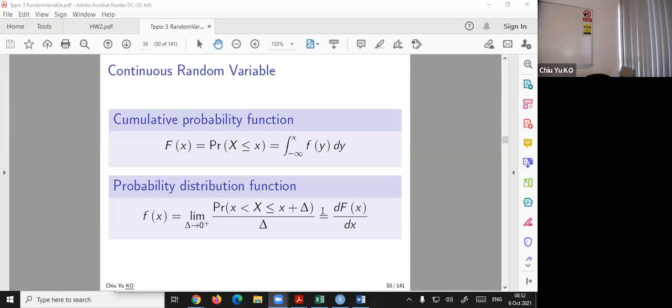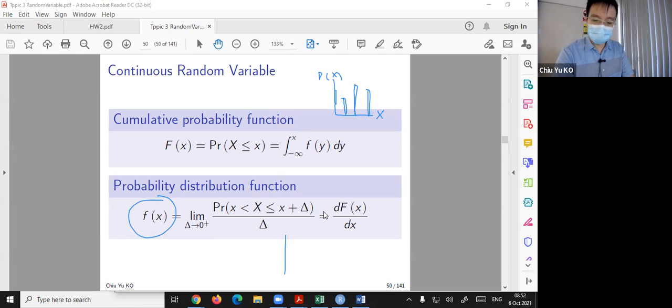So remember the bar chart is the following. We call it discrete. The bar chart is like this. The height is the probability, and you can imagine there's actually a bar there. There's probability here. This we relate to what we call the histogram.